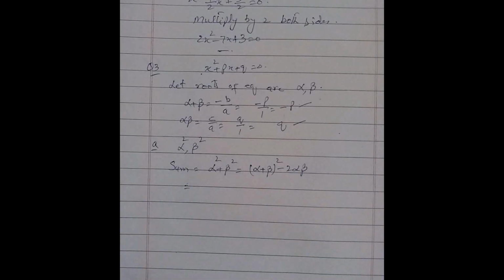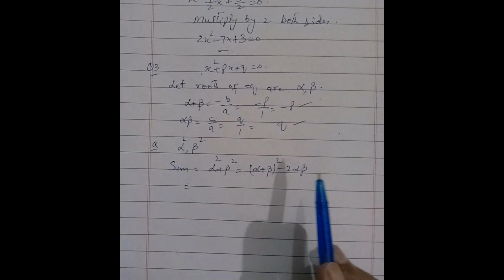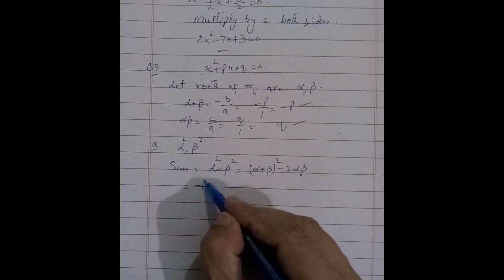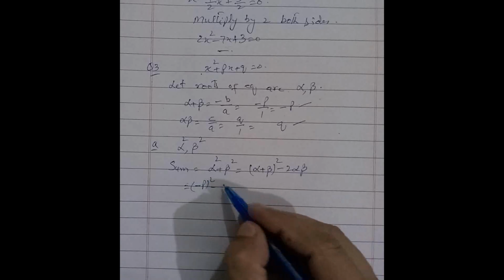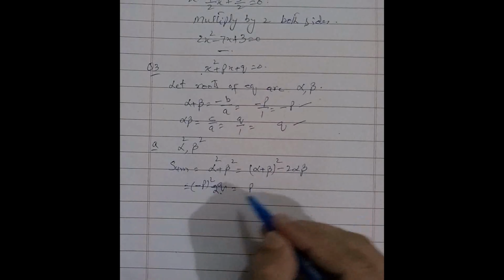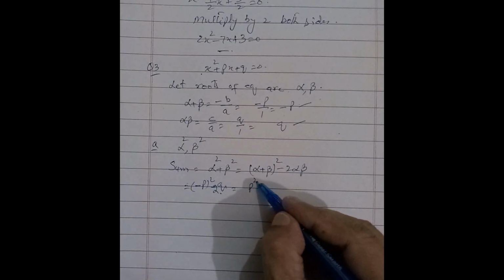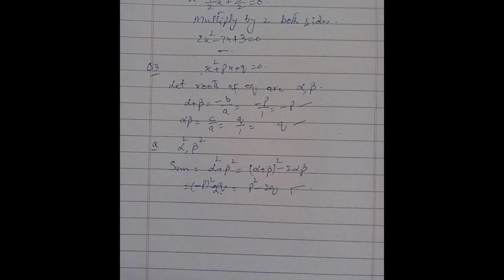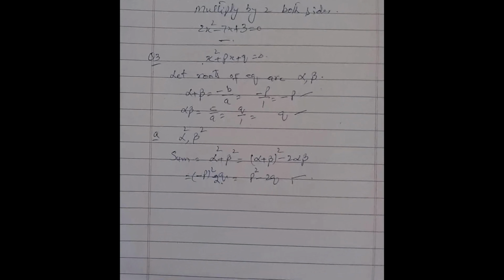Now we put the values of alpha plus beta and alpha beta in this equation. We get minus p whole square minus 2q, and then simplify. Minus p whole square is equal to p square minus 2q. It is the sum of the required equation.